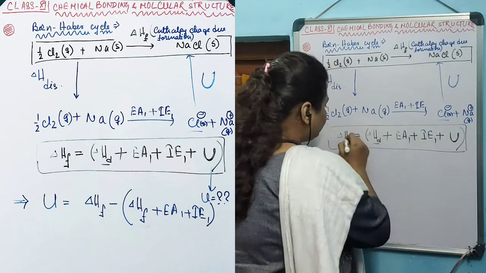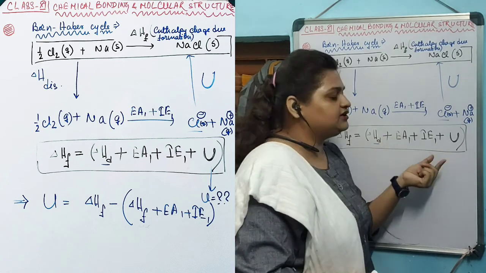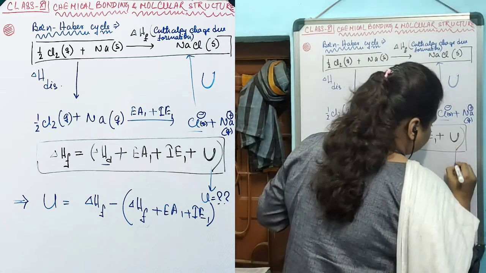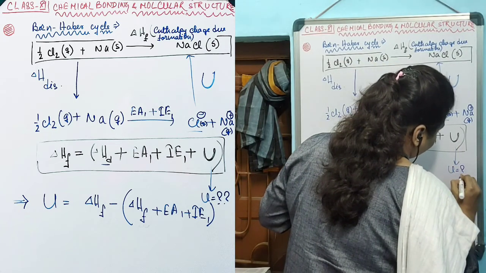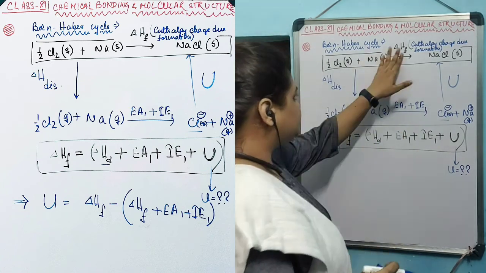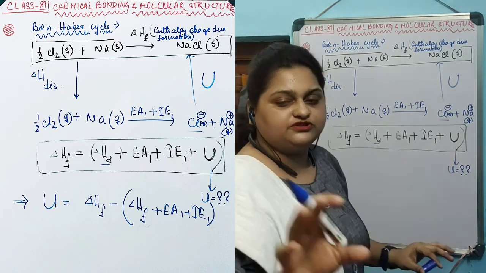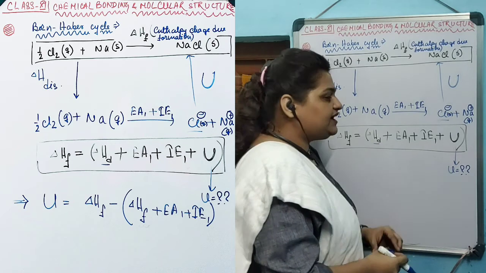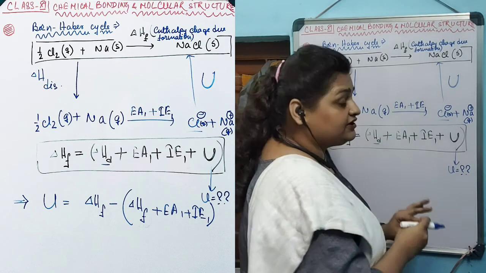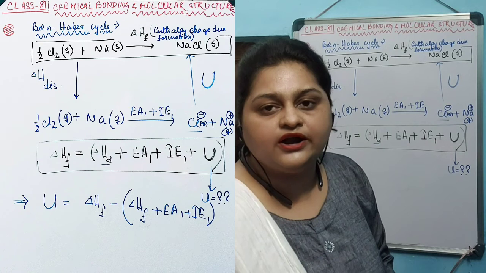If we know all the other energy terms, by putting their respective values, we can easily find out the amount of U. Like supposedly for this particular example, delta H formation is 500 kJ, delta HD is 200 kJ, this one is minus 150 kJ because the energy is being released, and IE is 200 kJ.